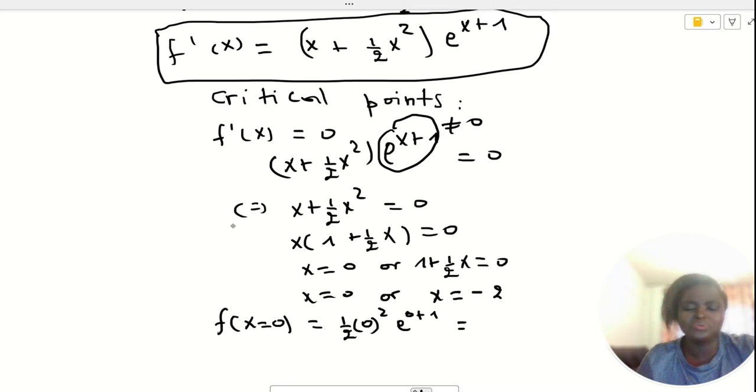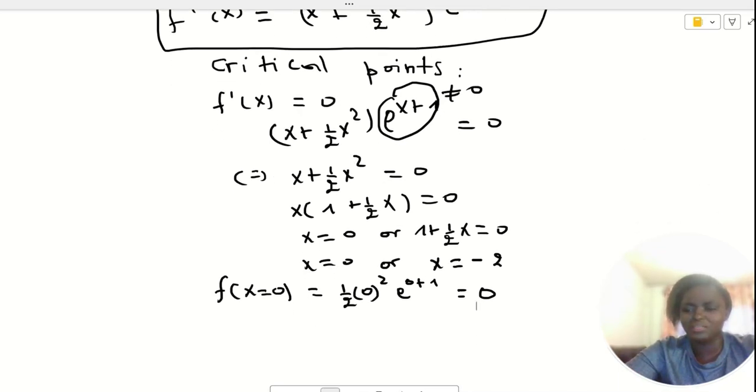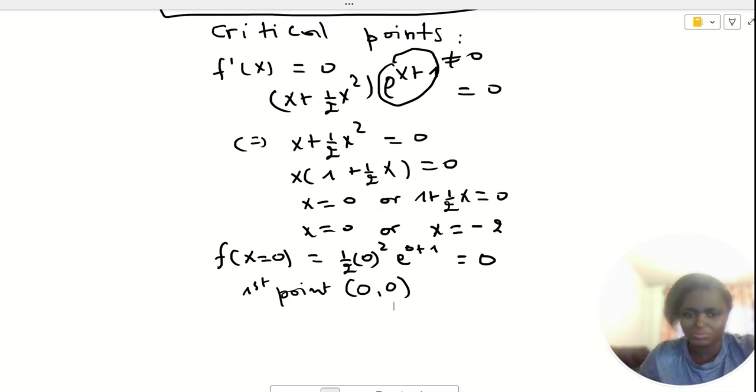The first critical point will be the point (0, 0). And the other critical point will be when x is equal to minus 2.